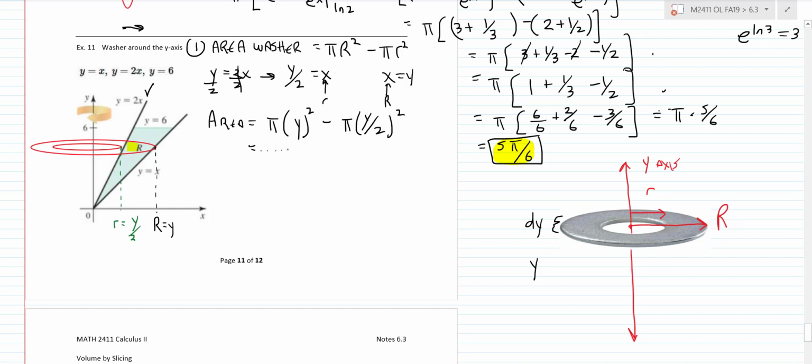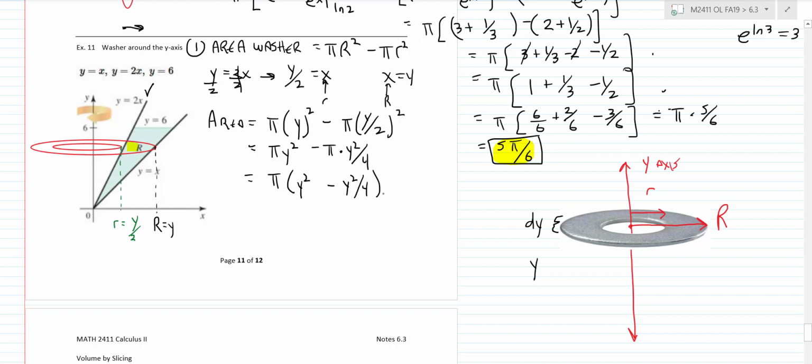So that cross-sectional area is going to be pi y squared minus pi times y squared over 4. If you factor the pi out, that would be pi times y squared minus y squared over 4.